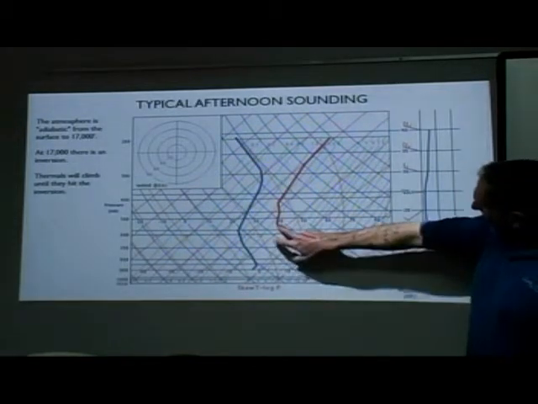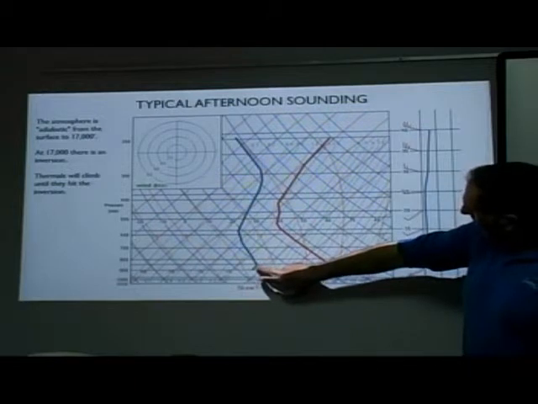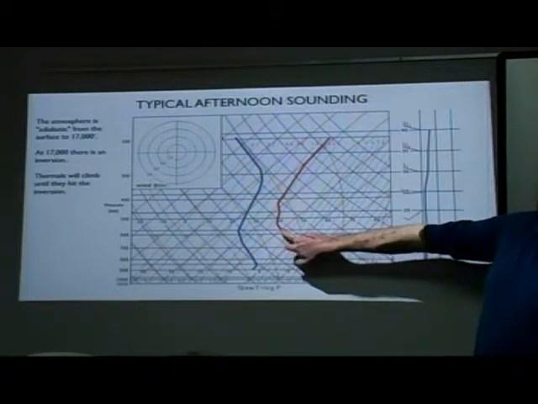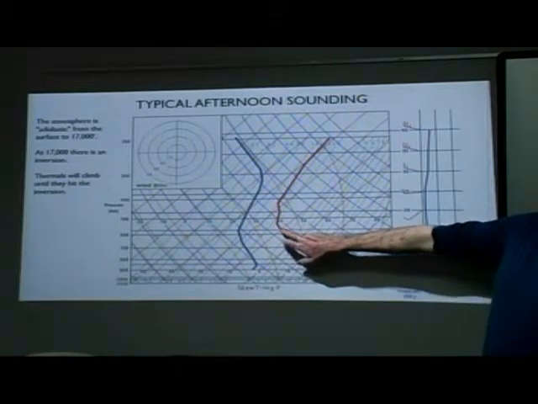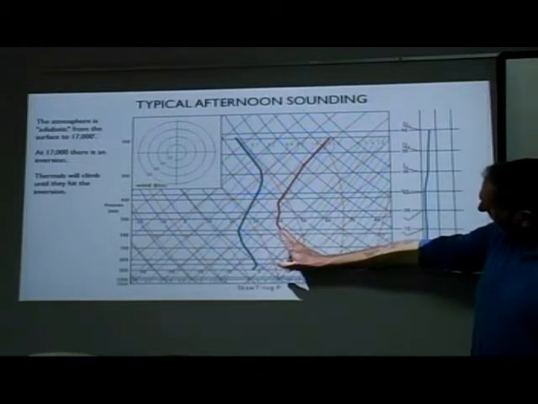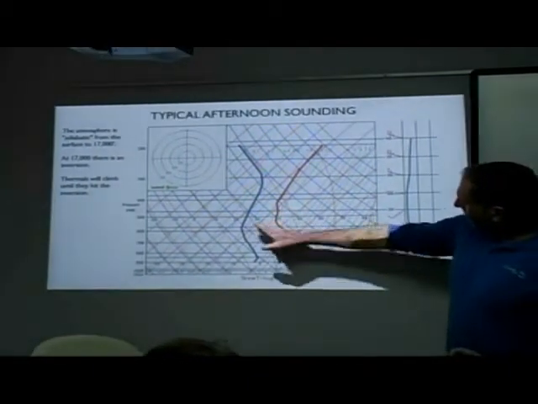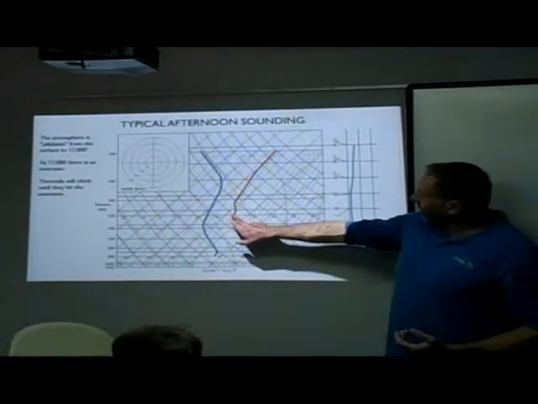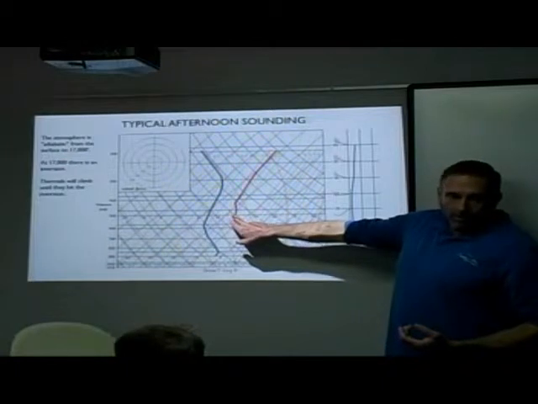If I know that this is going to rise to here, I know that the dew point is going to follow this line here, and they're going to hit together here. So that's where my cloud would start to form. That's where cloud base would be for cumulus. Then it would continue to go up parallel to one of the orange lines, and it would stop right there, because that's where it would no longer be warmer than the air around it.